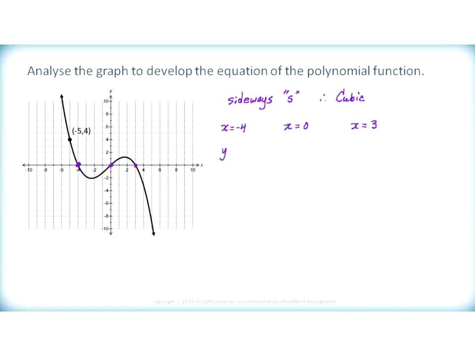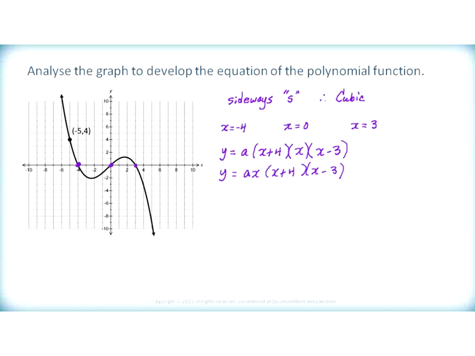So here we have what are known as three single real roots. The equation of this polynomial function can be written as y equals a times x plus 4 multiplied by x minus 3 in factored form. We have y equals a x times x plus 4 times x minus 3.